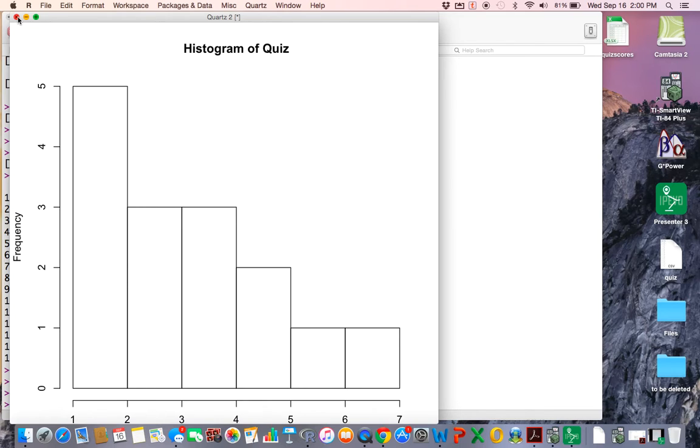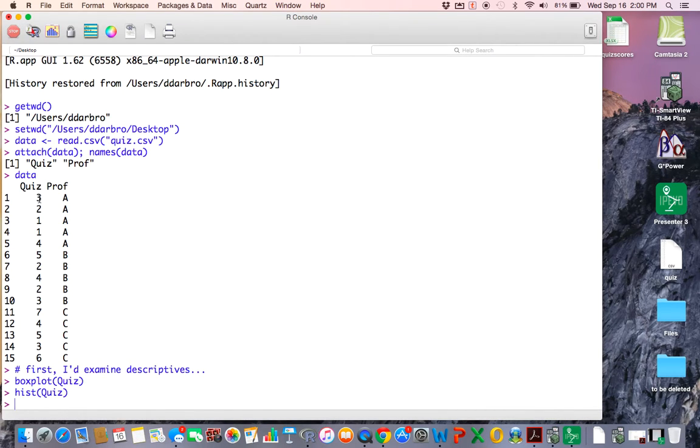We look at the multivariate normality, as in each of these distributions, the distribution of quiz scores for A, distribution for B, and distribution for C, are they kind of internally normally distributed. So we're more interested in the histogram of quizzes across professor, distribution shapes, I should say.